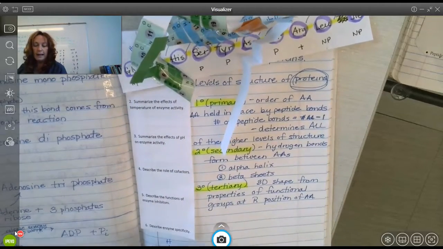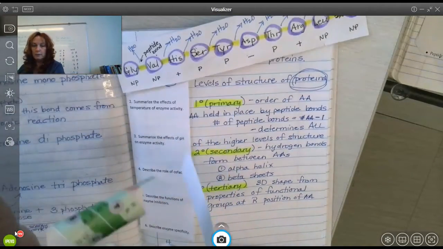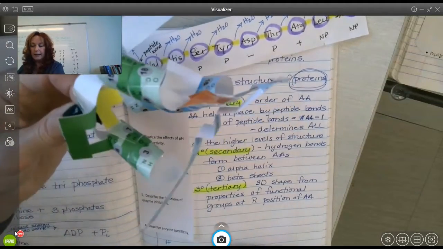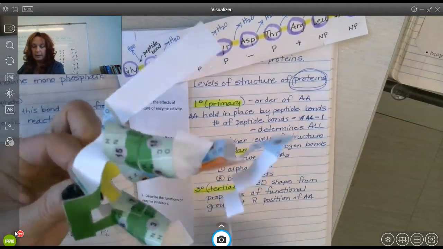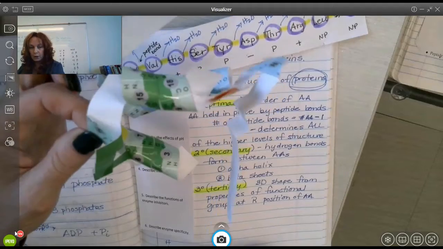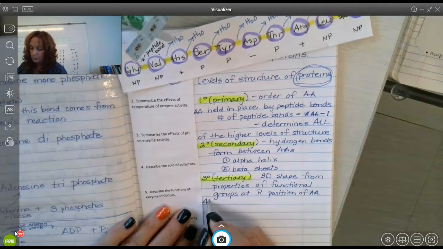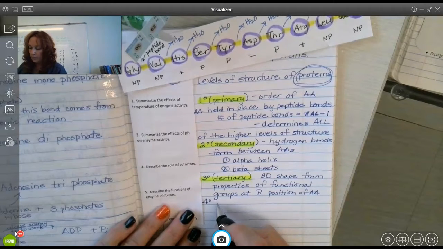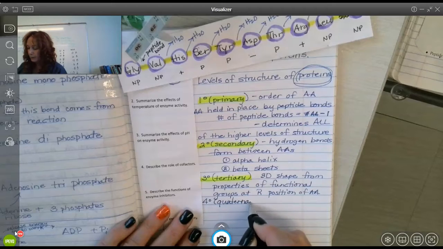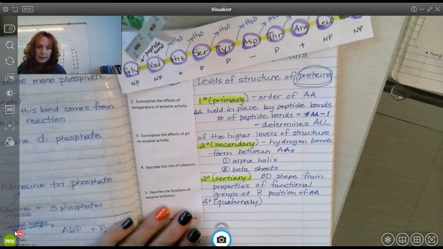So when you have more than one polypeptide chain together, which we had, chain A and chain B, you have tertiary because there's more than one polypeptide. So I said that wrong. Quaternary. Say it again, say it right.